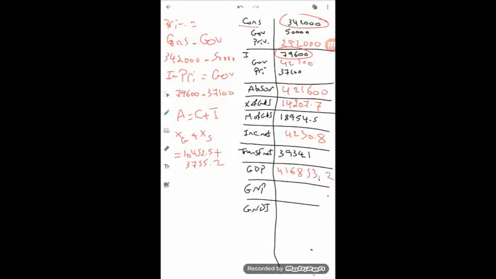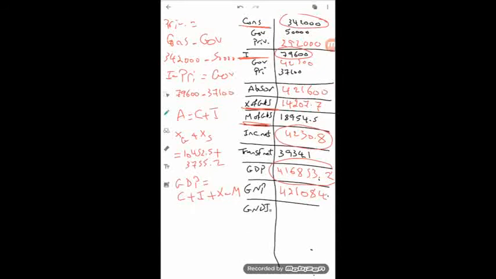Once again, consumption plus investment plus X minus M. GNP: we are going to add to GDP the income net. This will be GNP. It will be 421,084. It's GDP plus income net.